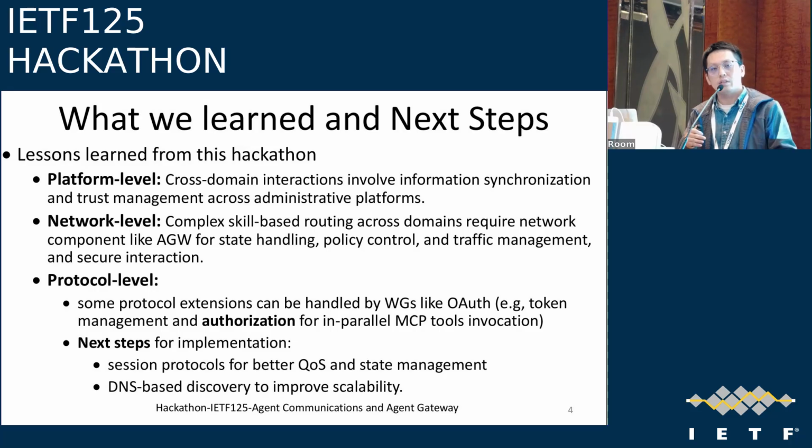And the bottom layer is the protocol layer. You need some protocols, which I think can be handled by existing working groups, for example, OAuth for handling authorization protocol and token management.